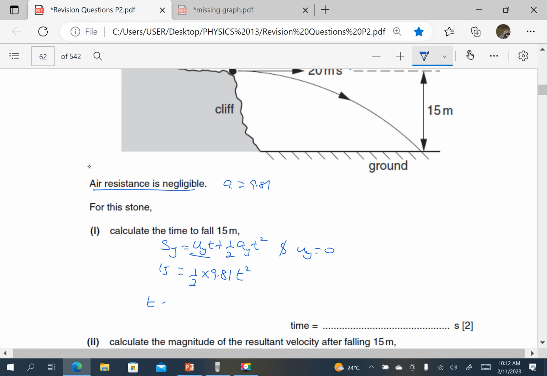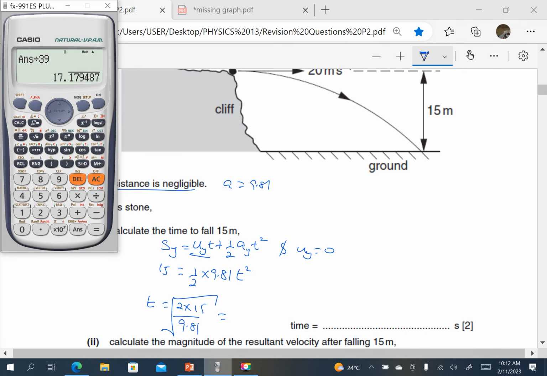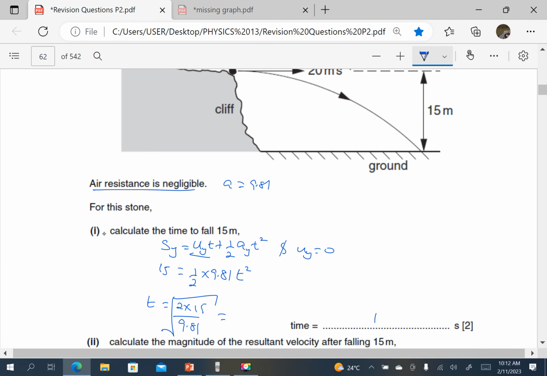So t is going to be the square root of 2 times 15 divided by 9.81. That is 1.7487, or 1.75. So I'll take 1.75.